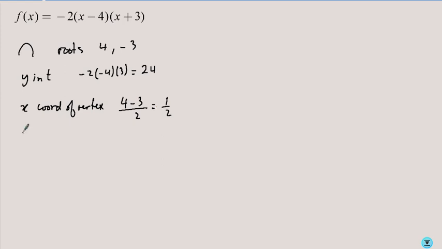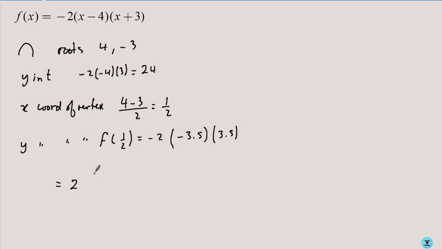And the y-coordinate of the vertex is f of a half. And that's -2 times -3.5 times 3.5. Now we're squaring a number that ends with a 5. There's an easy way to do that. The sign is now positive.